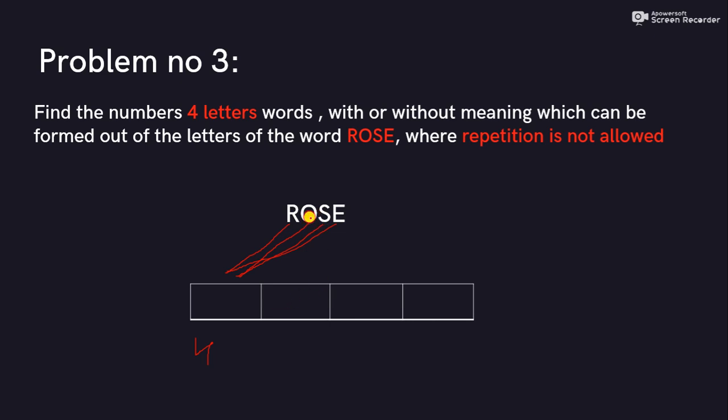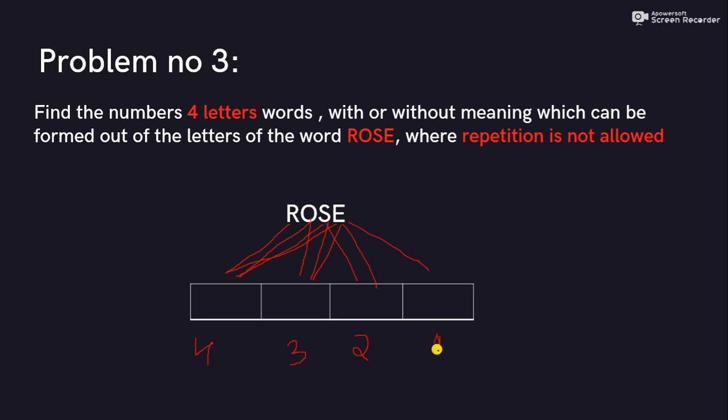So we have a total of 3 choices. And if we select O here or S here or E here, we have only 2 choices for the third letter. And for the last one we have only 1 choice remaining.